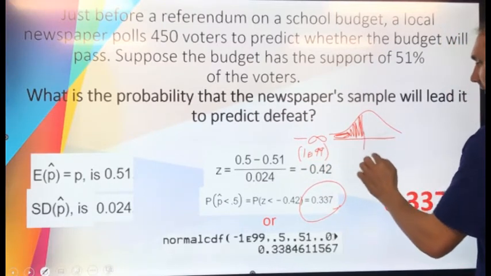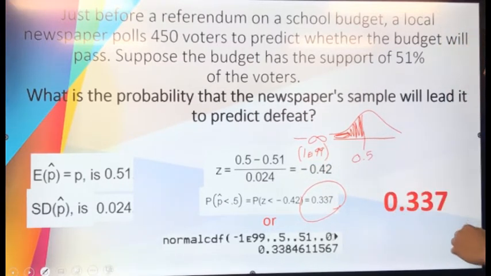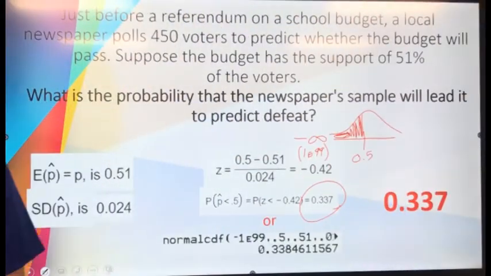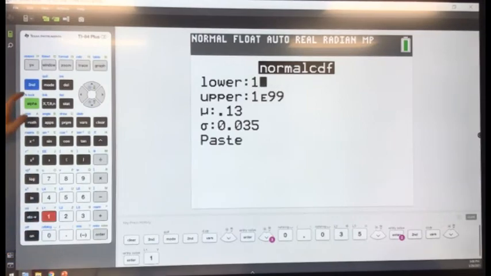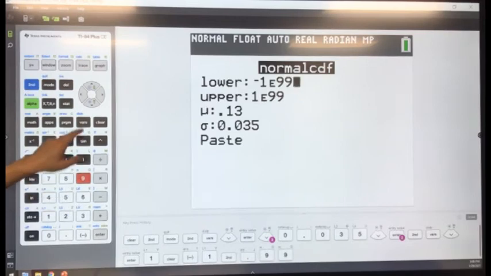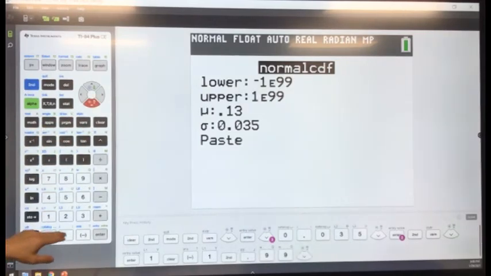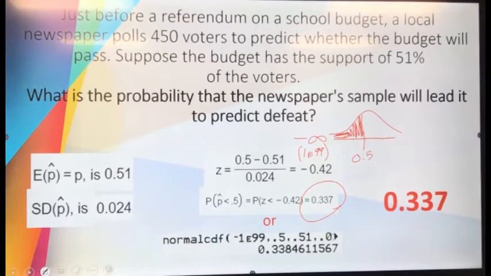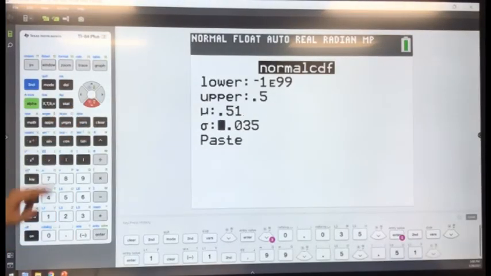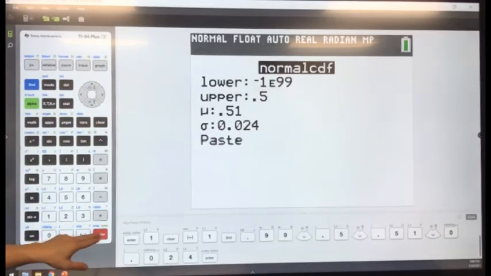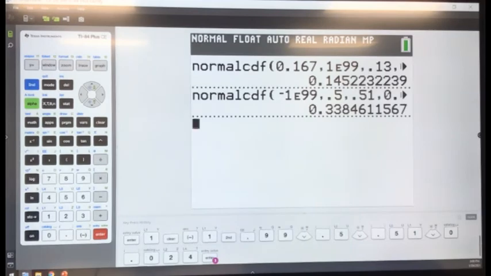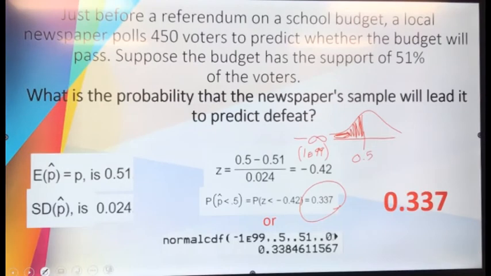My upper is 0.5, about a 50-50 chance I'll get a yes or a no. My mean is 0.51 with a standard deviation of 0.024, and I get, same thing, roughly 38.8%.